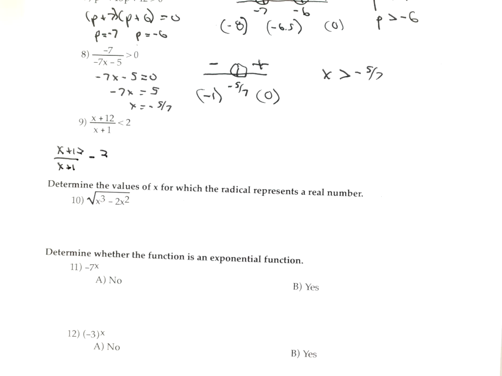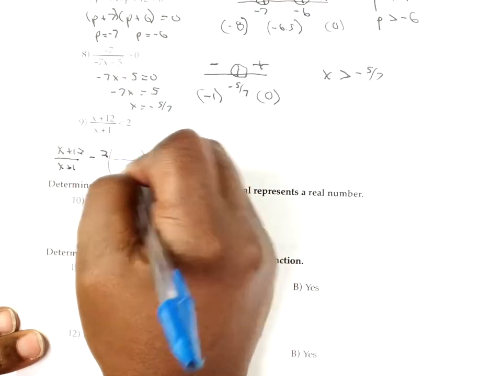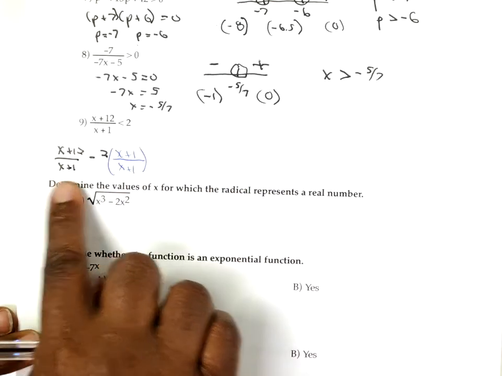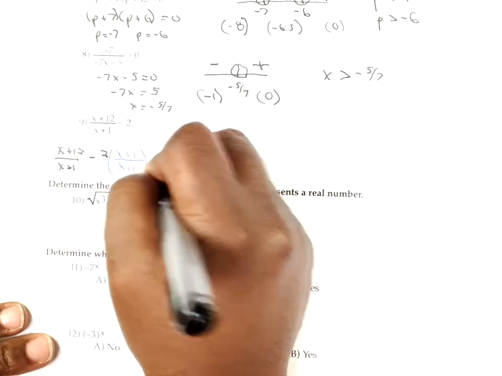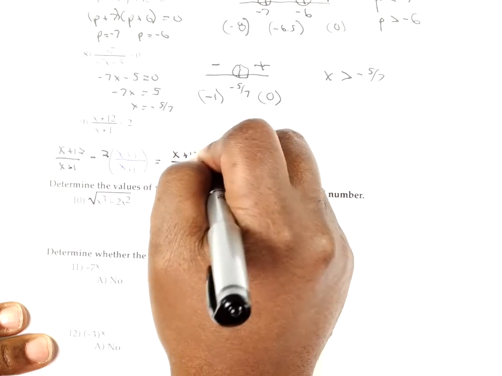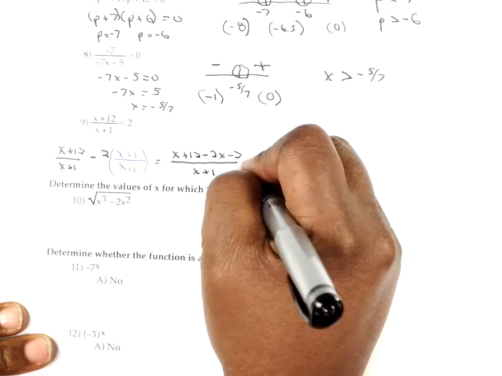Now when I subtract that 2 over, I also want to get that common denominator. So if this has an x plus 1 denominator, this has to have an x plus 1 denominator. So multiply that out, and we have x plus 12 minus 2x minus 2 over x plus 1.